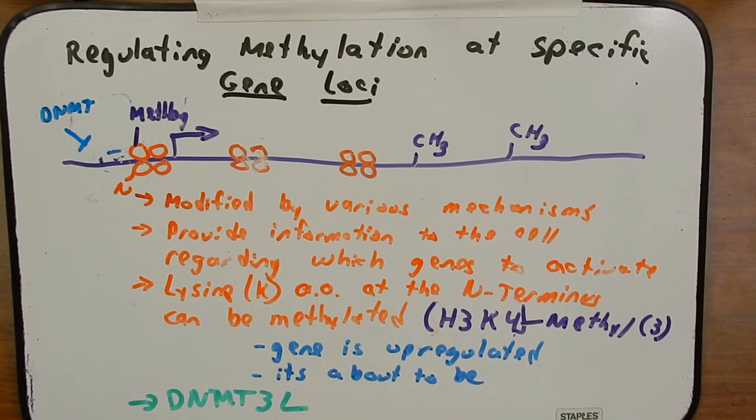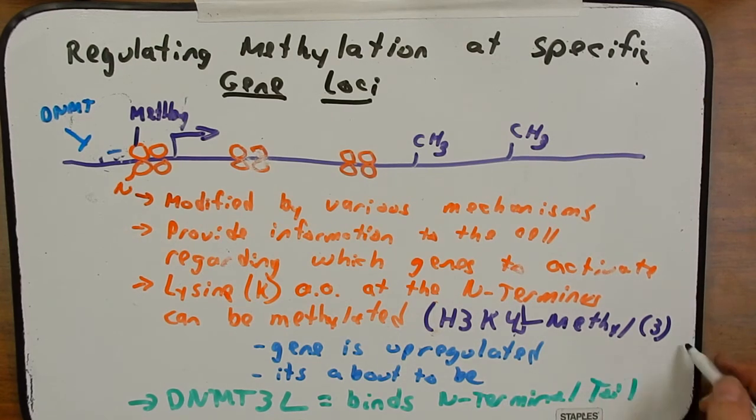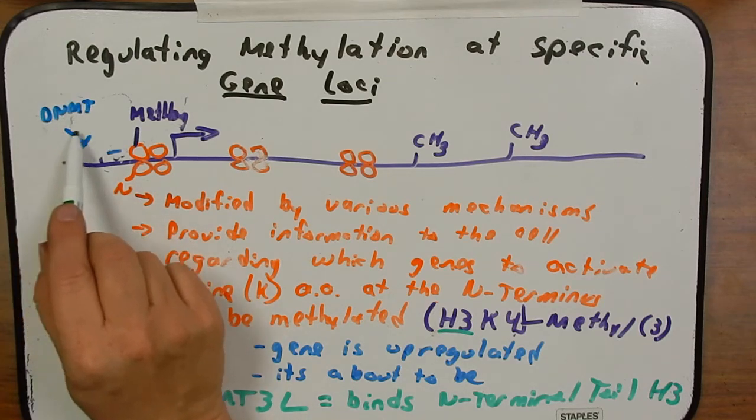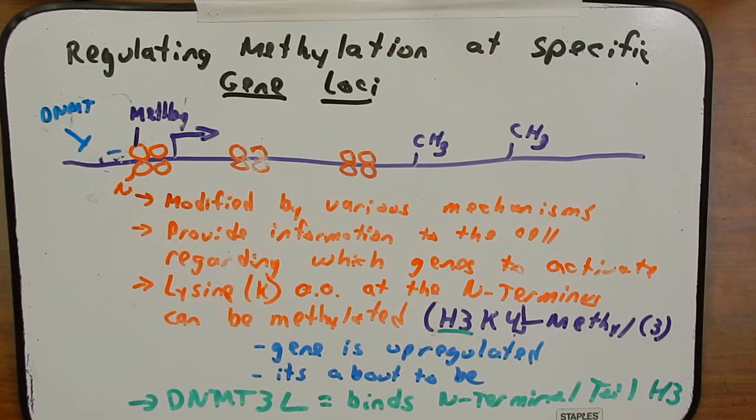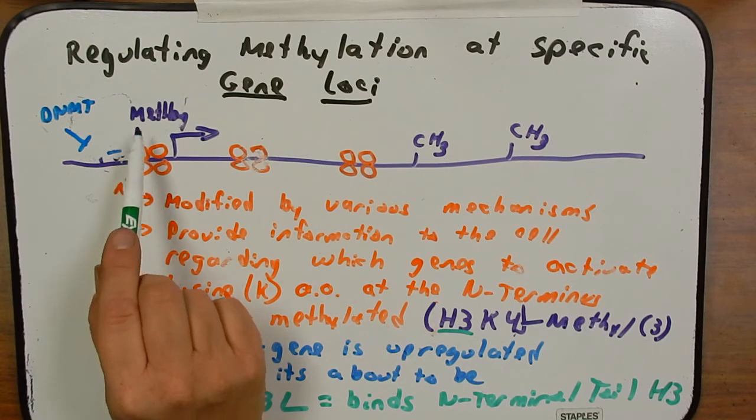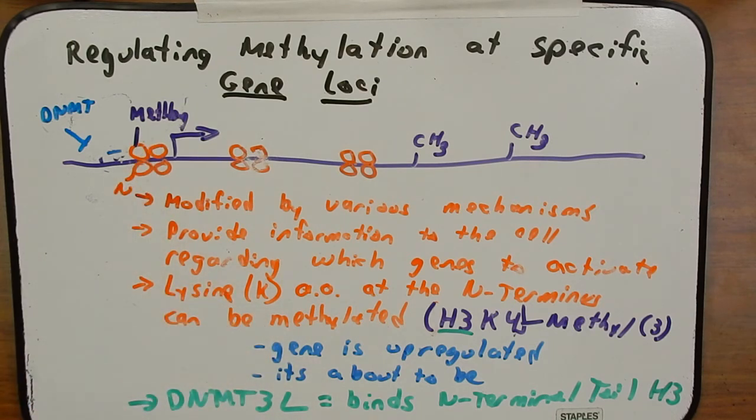What we think is happening here is that it binds to that N-terminal tail of histone 3. When it binds to the N-terminal tail of H3, it recruits DNMT. However, if the histone is methylated, DNMT3L cannot bind here. Let me draw that out.